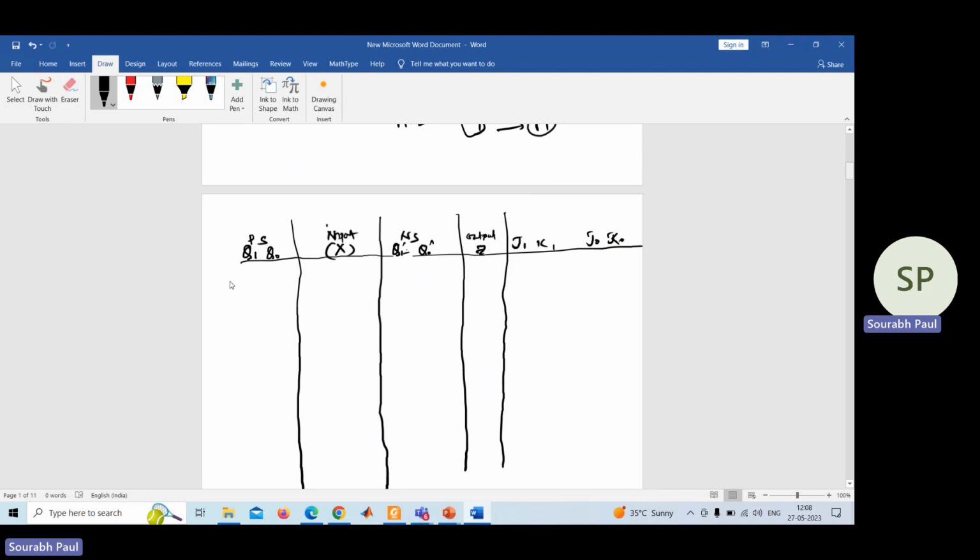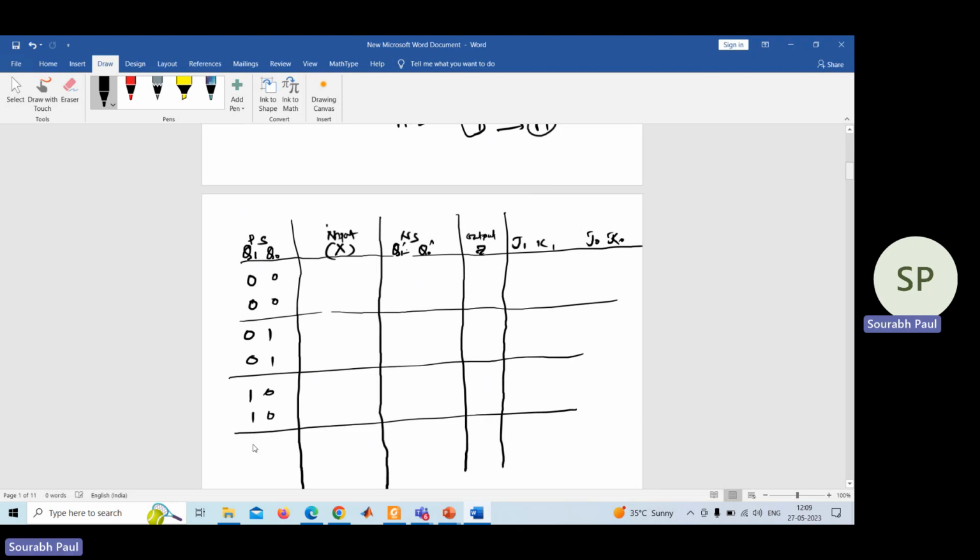So I'm replacing the values of A and B here. 0 0. Then if you can remember, the second one was 0 1, third one was 1 0, fourth one was 1 1. And the input was 0 1, 0 1, 0 1, 0 1.